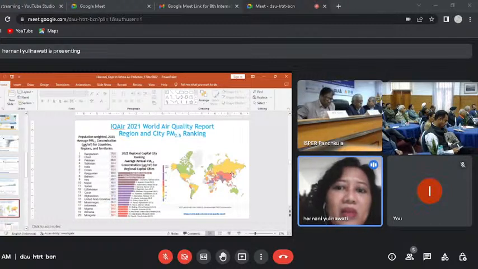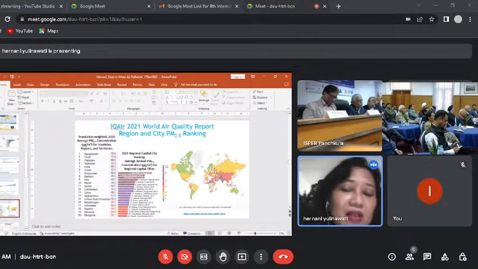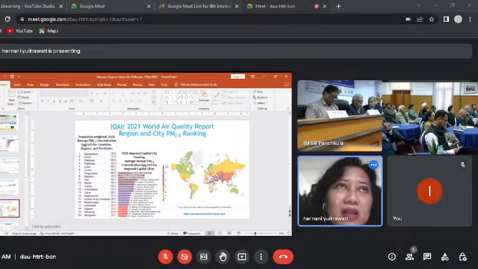So this is the comparison of the whole world, where mostly, as I said earlier, South and East Asia are the most polluted. And this is the daily issue right now in Jakarta, about the air pollution.